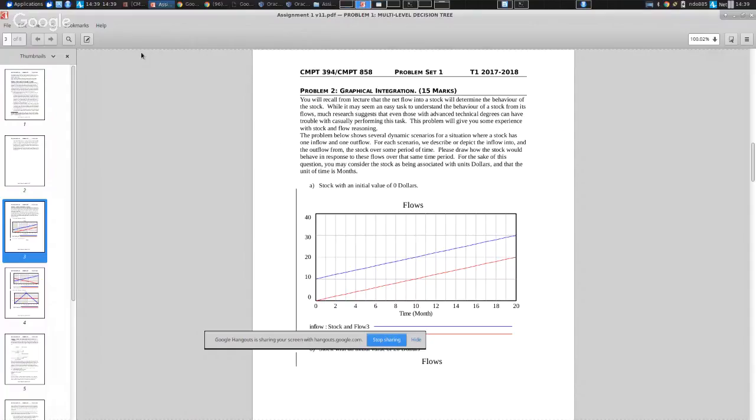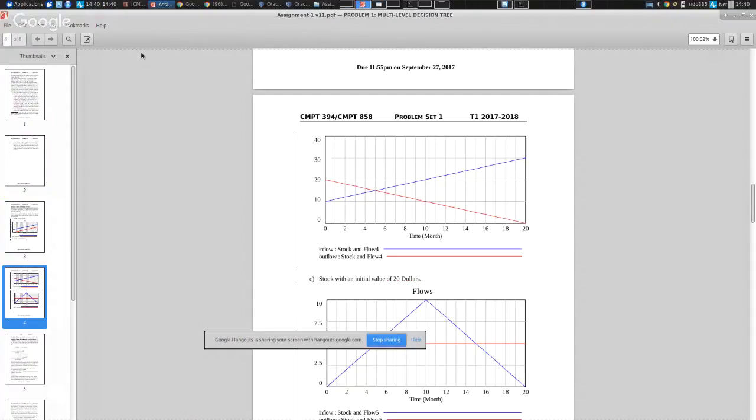Okay, problem 2, graphical integration. What I'm asking you to do here is to reason through the behavior of a stock in response to a single inflow and a single outflow. And I have various cases where I'm asking you to do that.